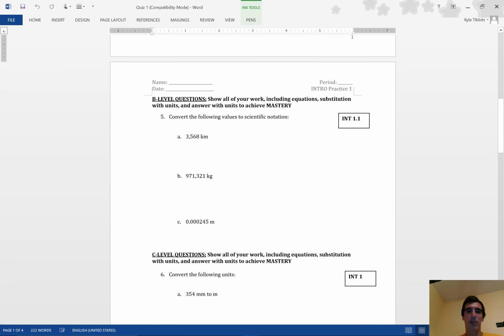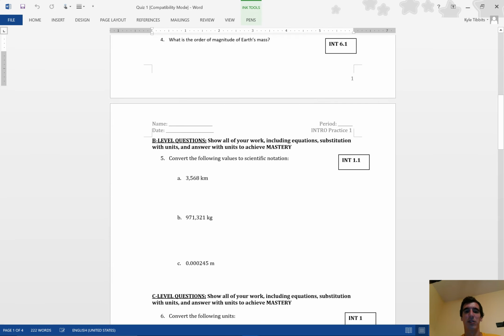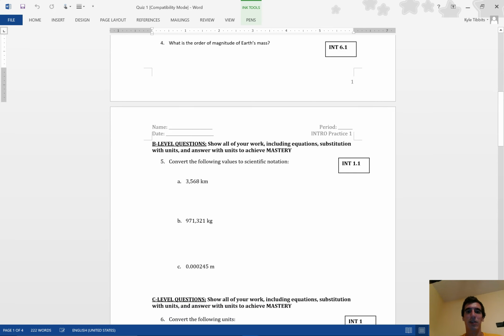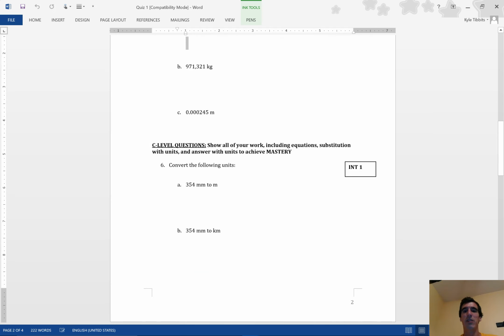So the first one was convert or write scientific notation. So here's a quiz. Cover up the answer that you had from the first quiz. Hopefully you made correct feedback. And then answer it on a blank sheet of paper. And then you could compare the process. Same thing with converting units. Cover up the answer. Write it out on a separate sheet. And then compare your new one to the old one.